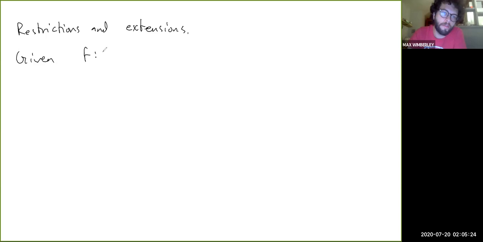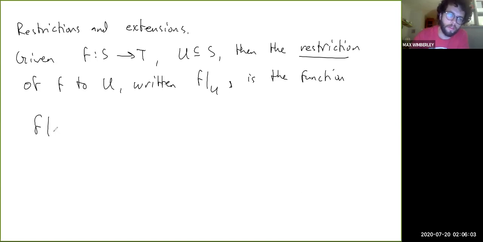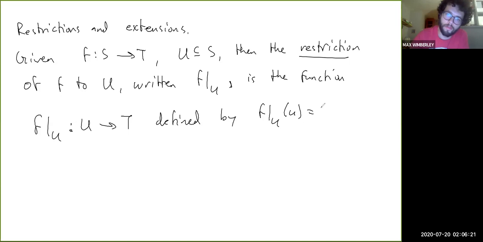Given f from S to T, and let's say U is a subset of S, then the restriction of f to U, which we write like this, is the function whose value at a point is given by f.